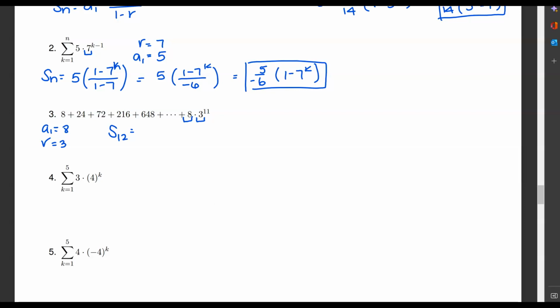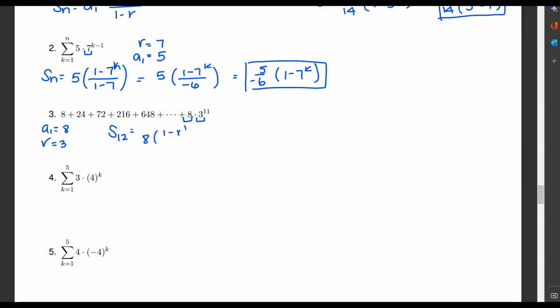So if it's the sum of the first 12 values, here we're going to have 8 times 1 minus our rate to the 12th power all over 1 minus r. Let me write this down so it's not so squished.